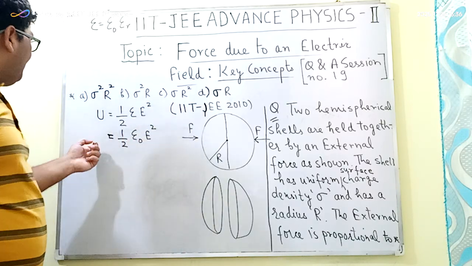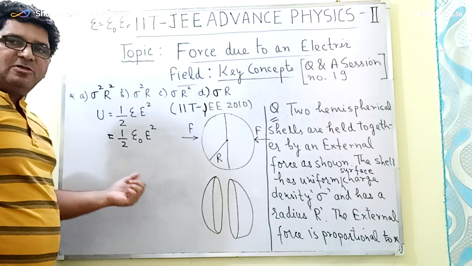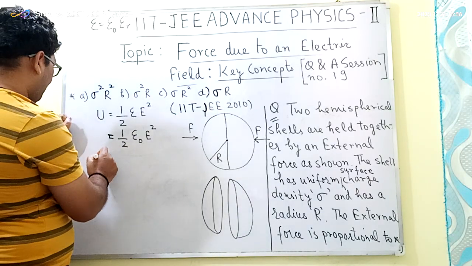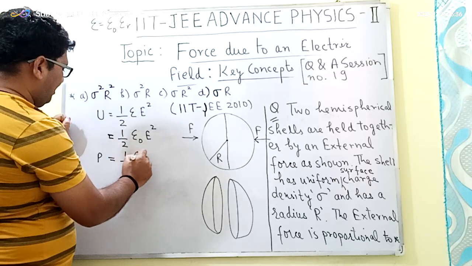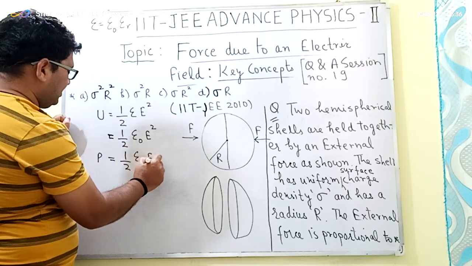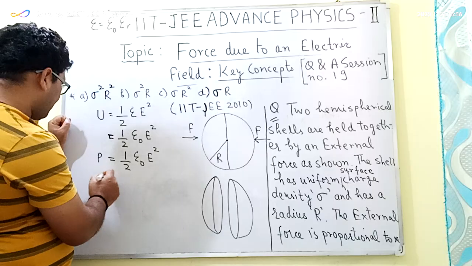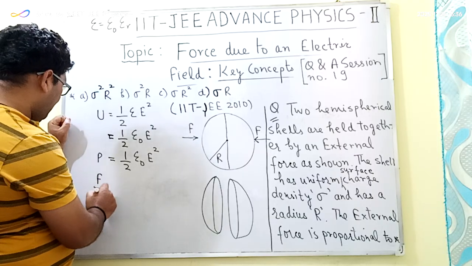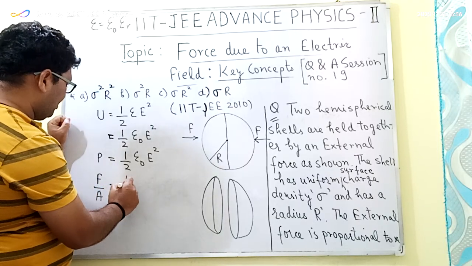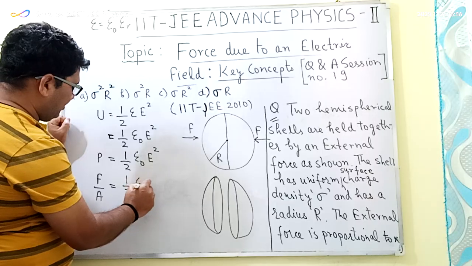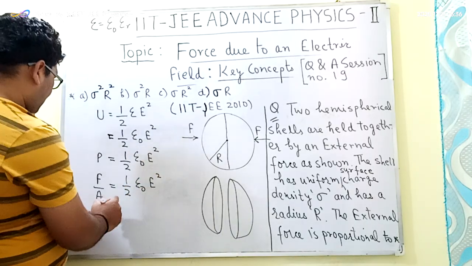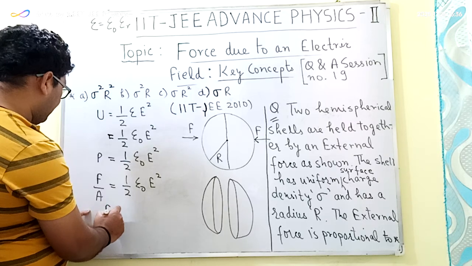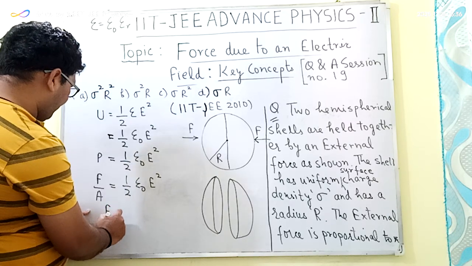Now we also know that the energy stored per unit volume is equal to pressure. So the pressure is equal to 1 by 2 epsilon naught E square, and pressure is equal to force upon area. So this is equal to 1 by 2 epsilon naught E square. From here we can find the electrostatic force. Let us say this is Fe.